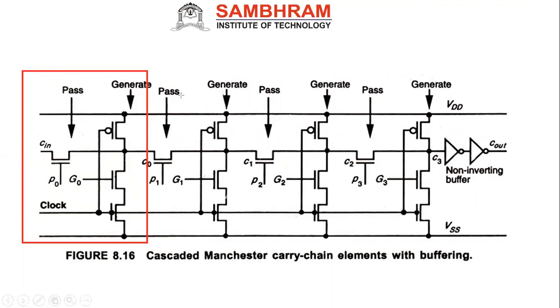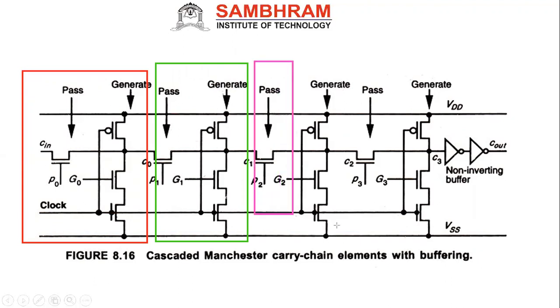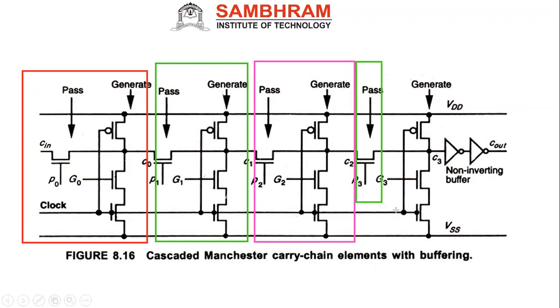In the same way, the second is this. Next, the third is this. Next, the fourth is here. It has come from the pass transistor. After that, for every 4 stages, as I said, we need to connect one buffer.